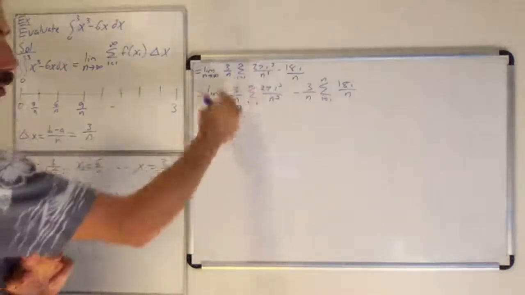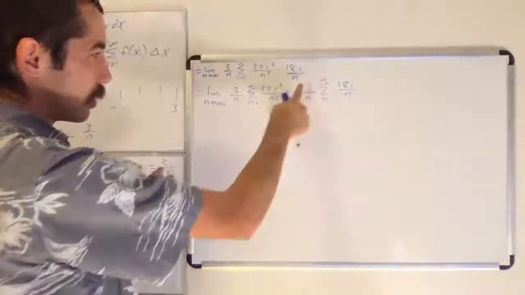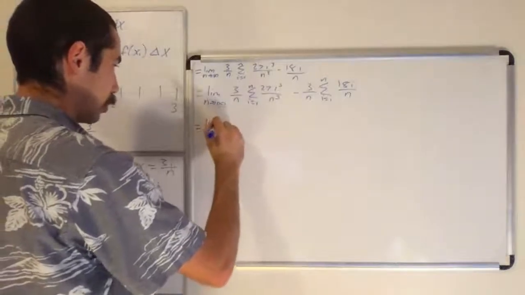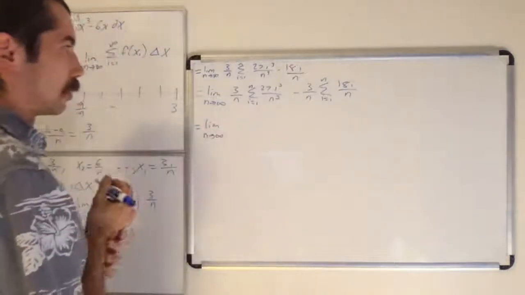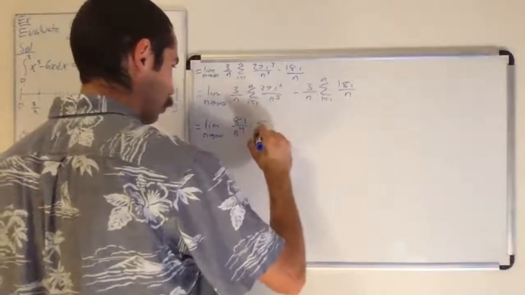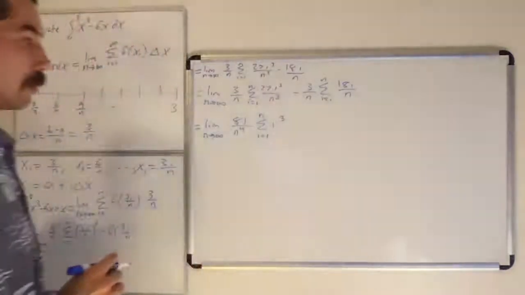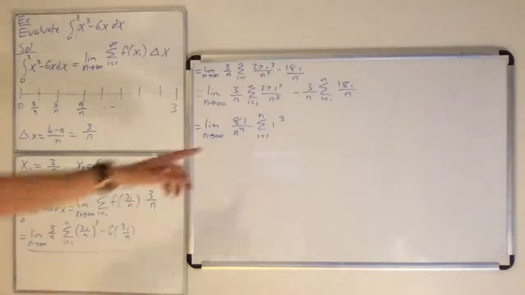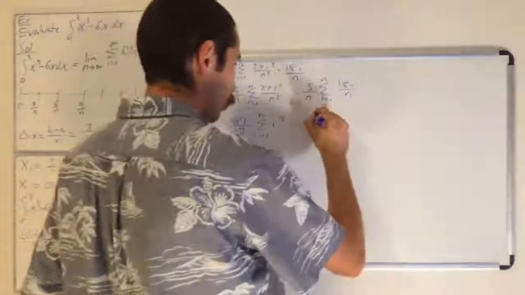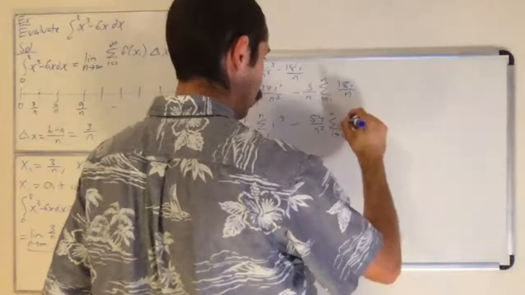And now we could factor out the constants, right? 27 over n to the third is just a constant. 18 over n is also just a constant. So this is equal to the limit as n goes to infinity of 81 over n to the fourth, sum from i equals 1 to n of i to the third, minus 54 over n squared, sum from i equals 1 to n of i.